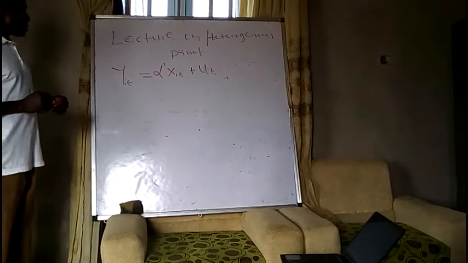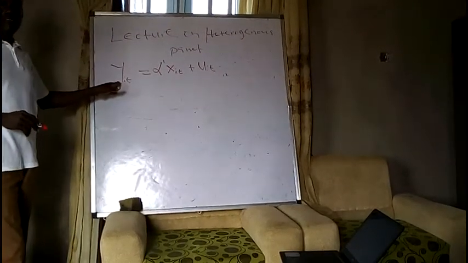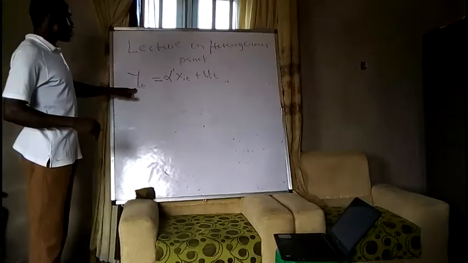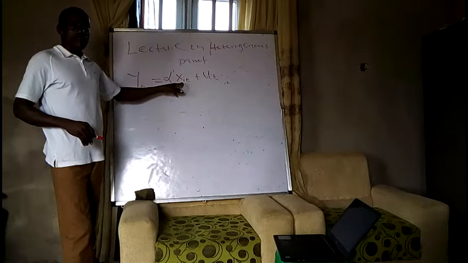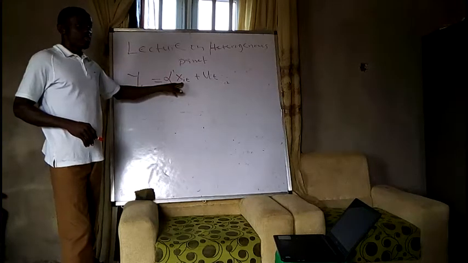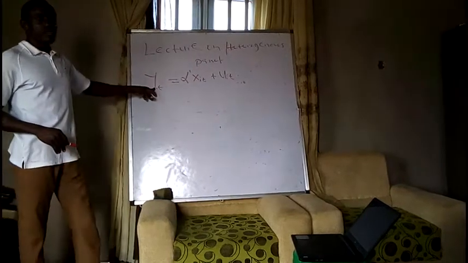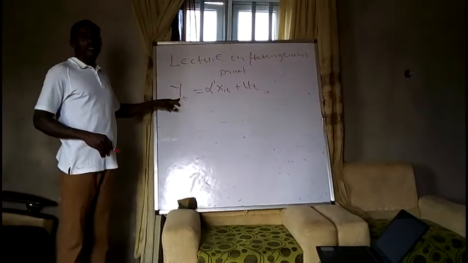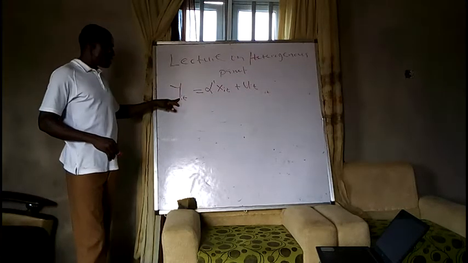Here the left hand side variable is the dependent variable and the right hand side variable is the explanatory variable, meaning that Y_it is n by 1 vector of dependent variable.